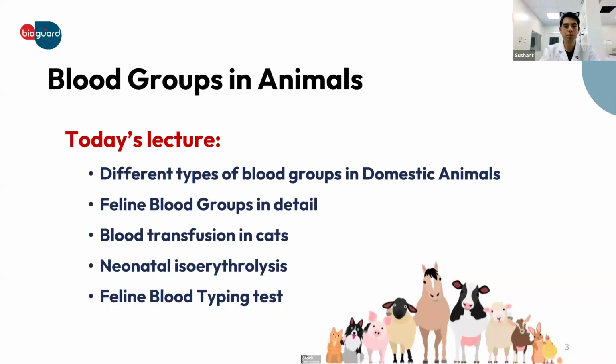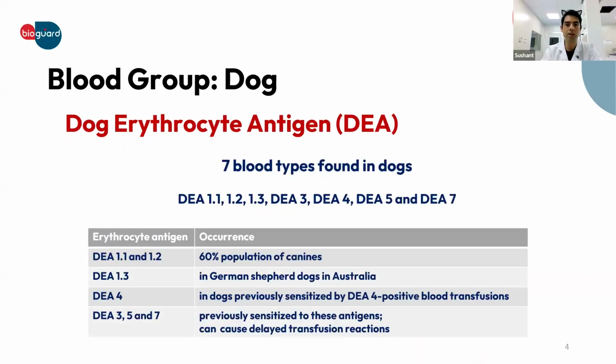Going further, let's start with learning about different blood groups in different animals. We start with the dog. Dogs follow the dog erythrocyte antigen style of blood typing, which is DEA blood typing. In dogs, there are 7 prevalent blood groups, named DEA 1.1, 1.2, 1.3, DEA 3, 4, 5, and 7.